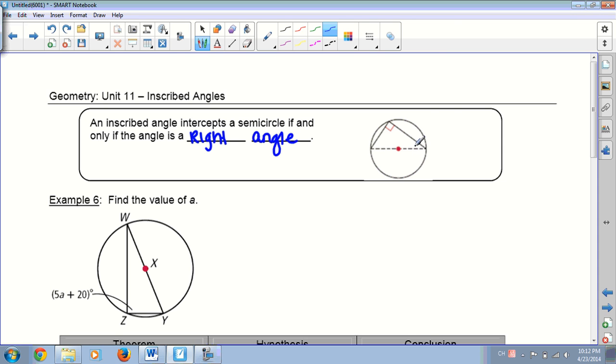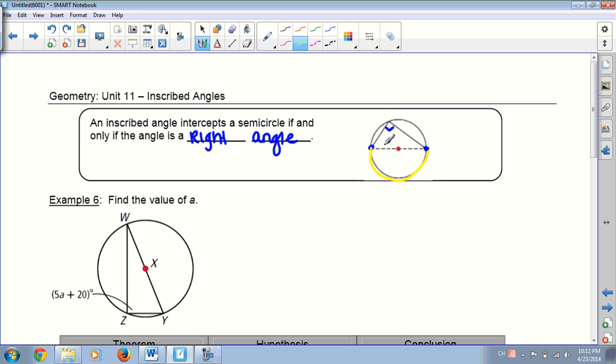Okay, so if you think about it, this angle right here is 90 degrees. It's marked with a 90-degree angle. And here are the endpoints on the edge of the circle. So this right here is the intercepted arc of our inscribed angle, which happens to be 90 degrees.